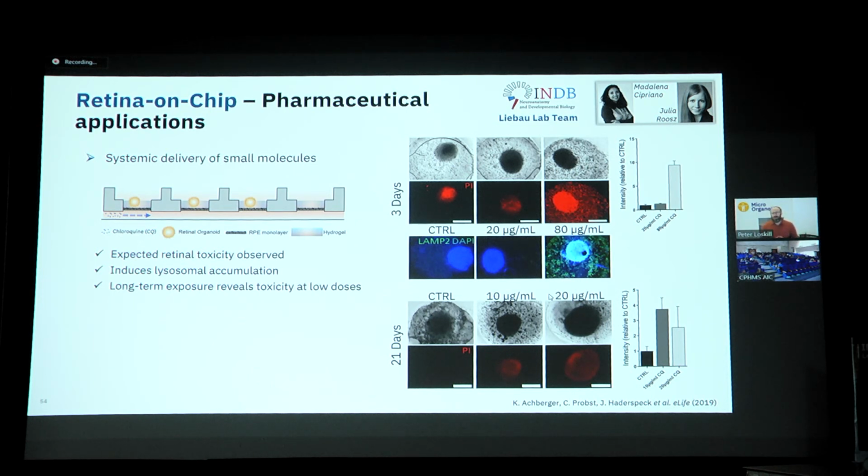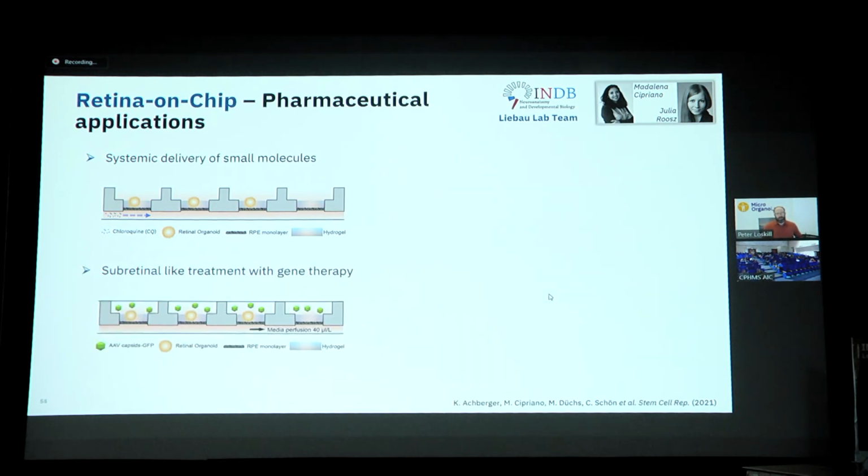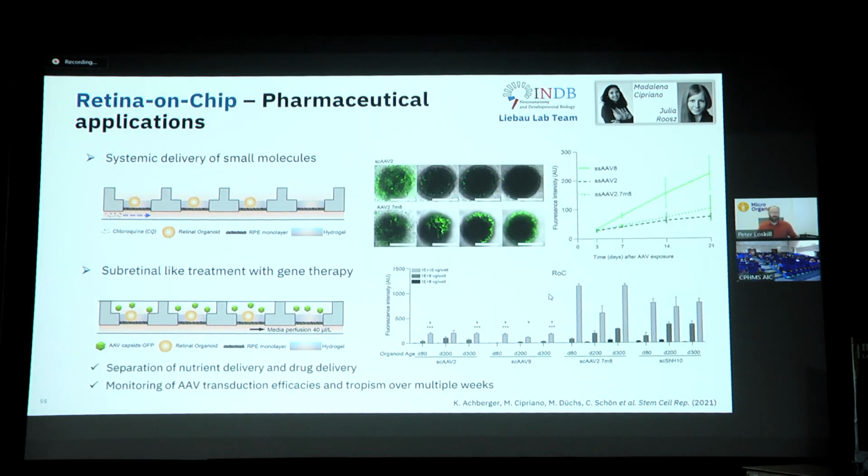It was a more straightforward application, but we realized that this compartmentalization also allows us to look at other types of delivery. So what we did, we mimicked a subretinal-like treatment, and we added a gene therapy. So we added AAV capsids into the organoid compartment, and now we could look at different types of capsids over long time periods.